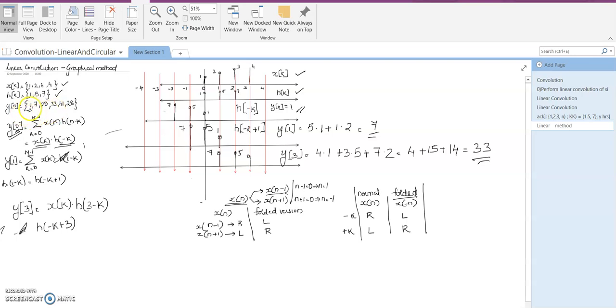So we have obtained y of 0, y of 1, and y of 3 using this particular concept. So this should be helpful in solving this particular problem, and I hope the concepts are clear.